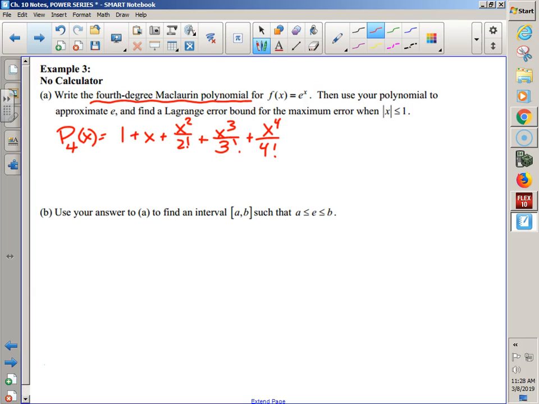It says to then use your polynomial to approximate e. Exactly, e to the 1, so when x equals 1. So I can do e to the 1 is approximately p sub 4 of x equals 1. This is the Maclaurin, so we know it's centered at 0, which is why I didn't do any subtracting stuff. So I could do 1 plus 1 plus 1/2 plus 1/6 plus 1/24.